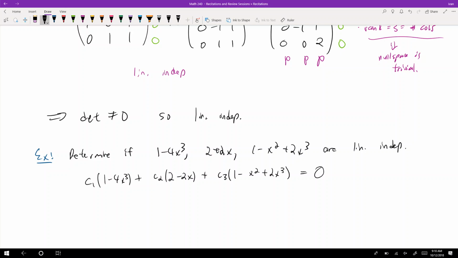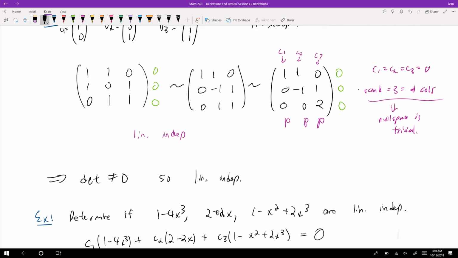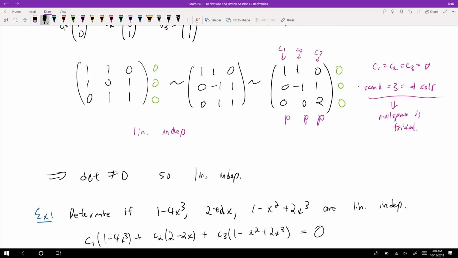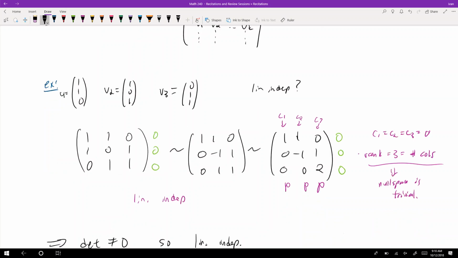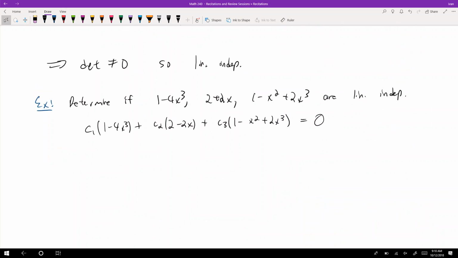And in the above problem, we're able to put our elements into a matrix. And in the definition, I essentially said we want to form this matrix and find a null space. So what we want to do here is turn these guys into a matrix somehow. And so it's probably good to write out the vector formulation, which is the following.